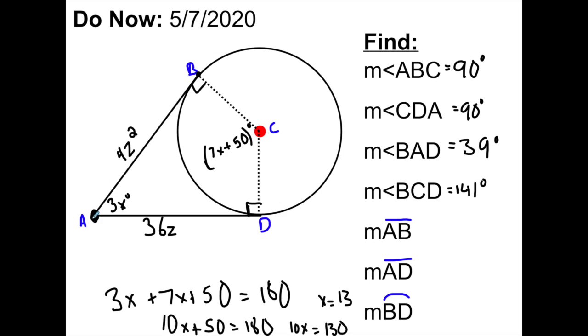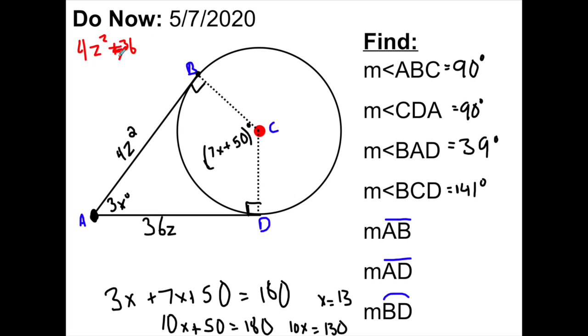Now the other thing I know is that, given that these are tangents, the two side lengths need to be congruent. Sorry, not plus. They need to be congruent. For whatever reason, it didn't change over. Why is this? Let's say I form a triangle here. These would be two right triangles because of this 90-degree angle.